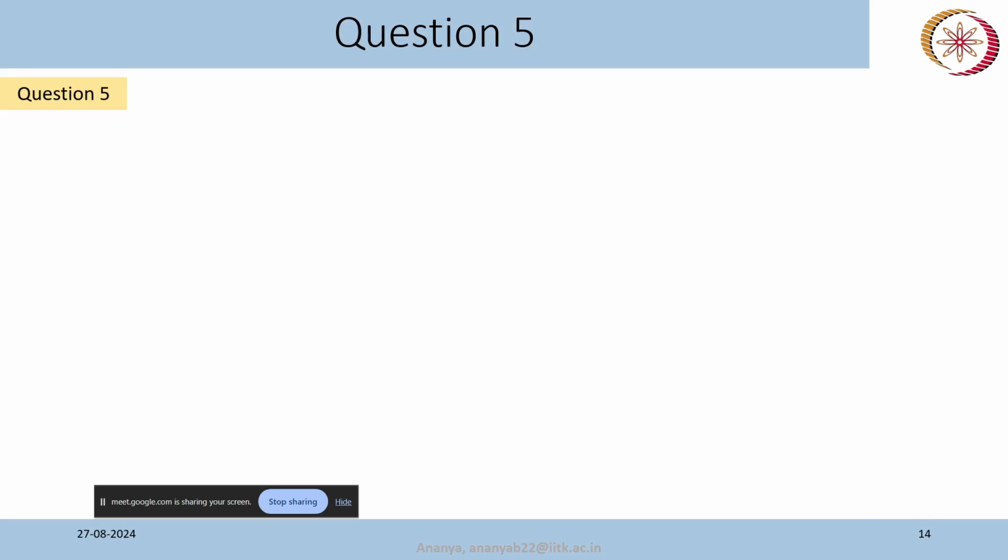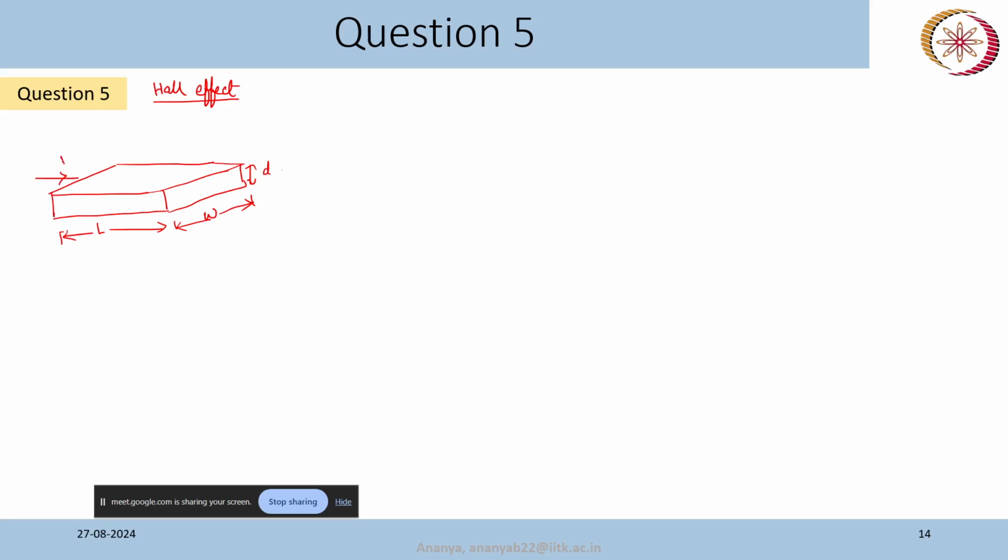I'll go to the next question. So this question is on Hall effect. This is a block of material. This dimension is L. This is W. This is D. Current is in X direction.